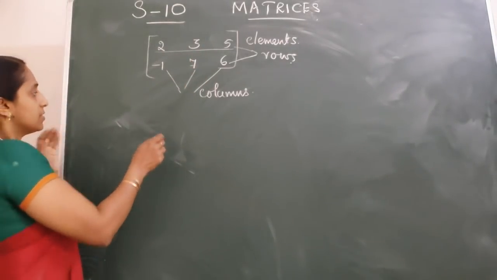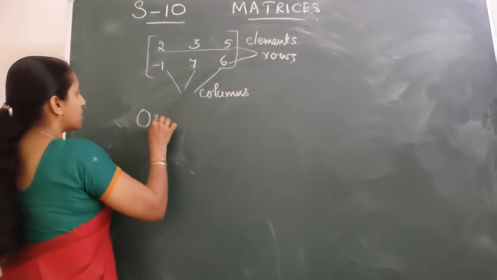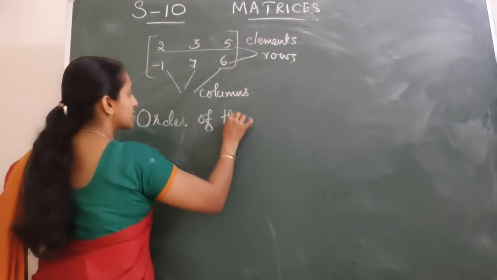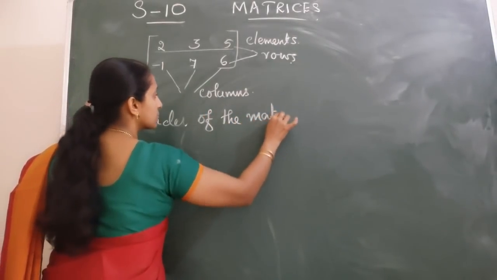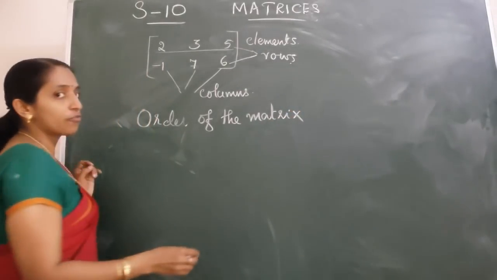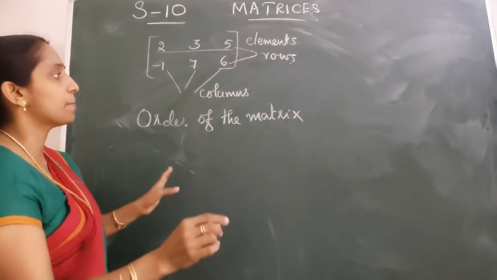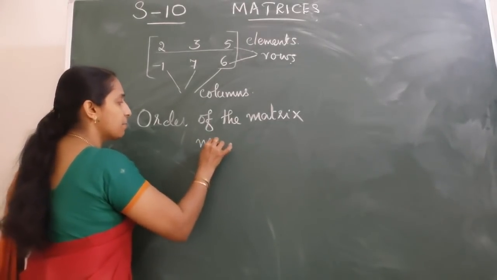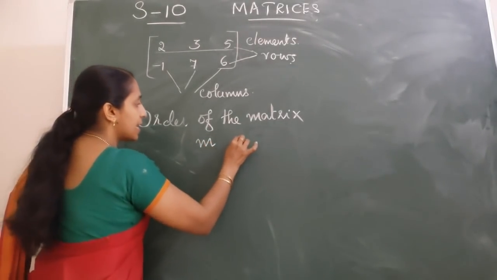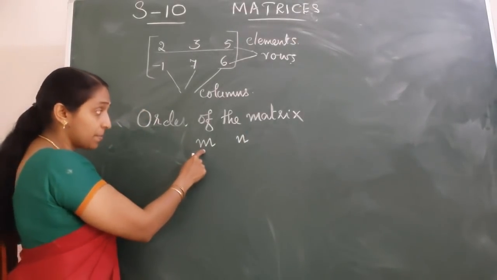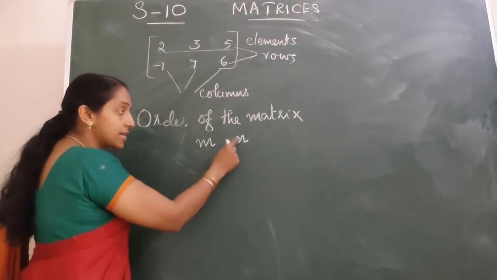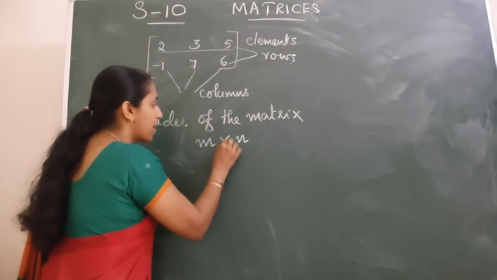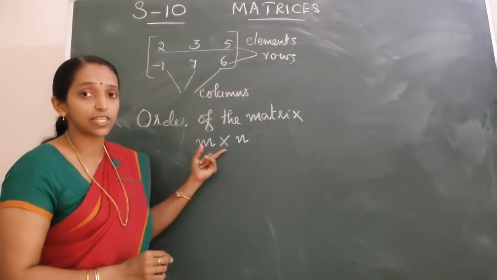In general, the order of the matrix, order meaning the arrangement, is denoted as number of rows by number of columns. If a matrix has m rows and n columns, the order of the matrix is denoted by m by n. This symbol indicates m by n.